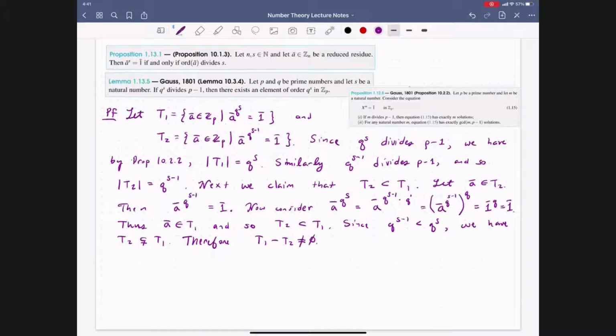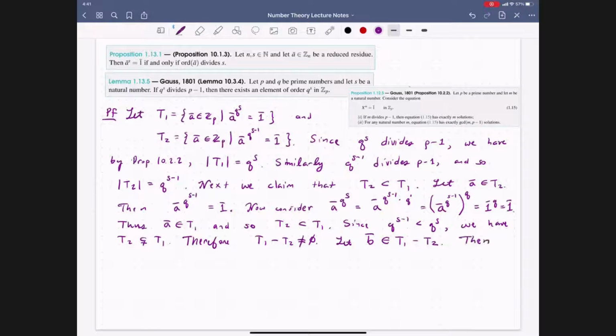So what happens if we choose something in here? Actually, we've been using A bar for quite a bit. Let's go ahead and call the next element B bar. So let's choose an element in the difference of T1 minus T2. So an element in here has the following property.